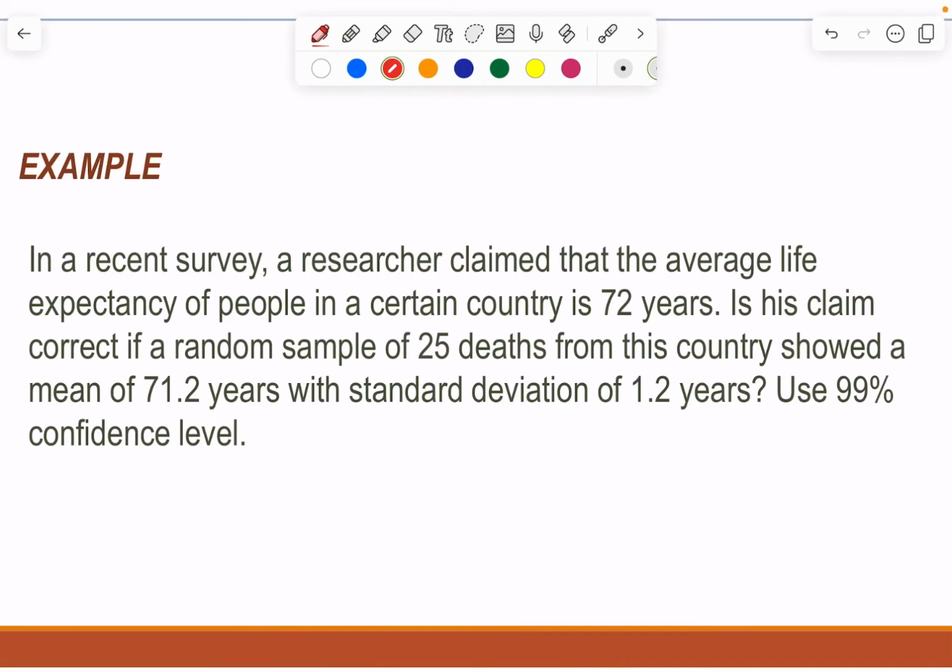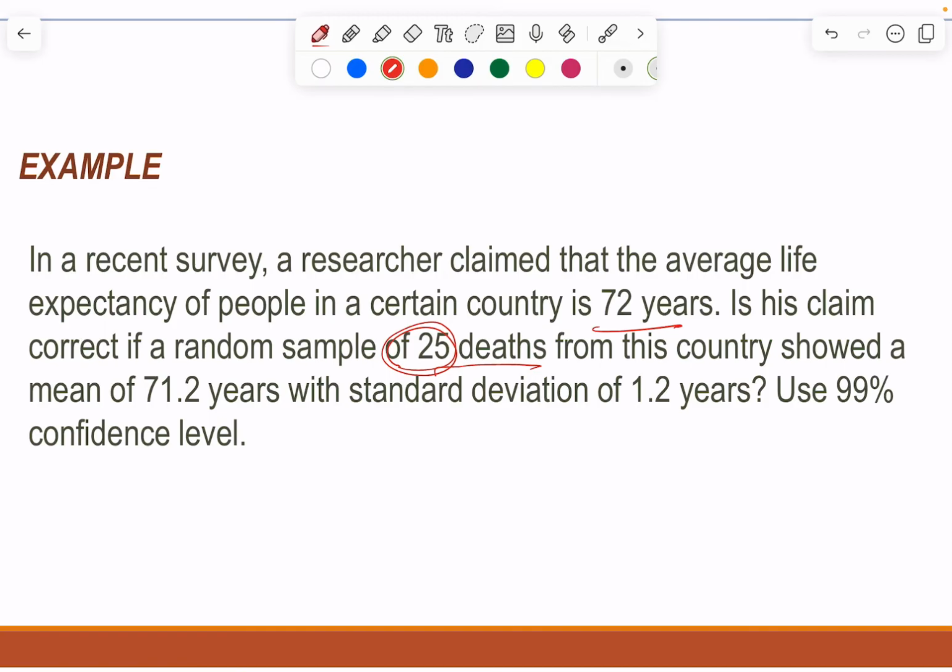So let's have this problem solving example. In a recent survey, a researcher claimed that the average life expectancy of people in a certain country is 72 years. Is his claim correct? If a random sample of 25 deaths from this country showed a mean of 71.2 years, with a standard deviation of 1.2 years.